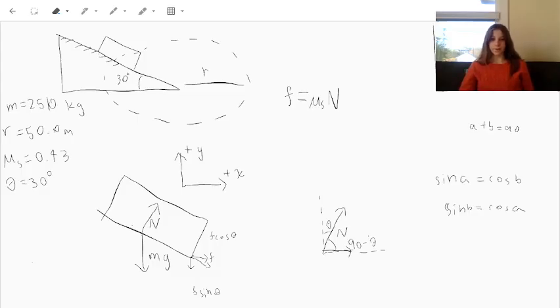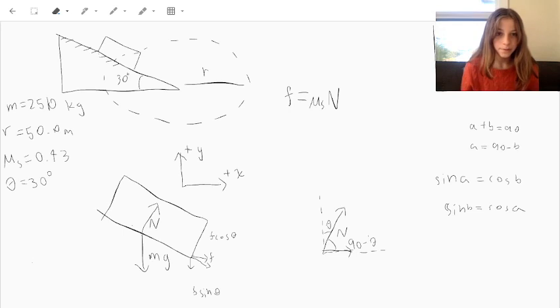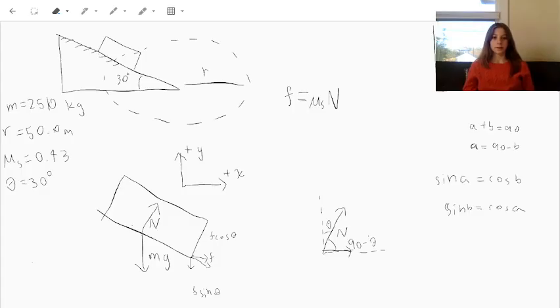But we know that cosine of 90 minus theta, because A is equal to 90 minus B, so sine of A is going to be equal to cosine of 90 minus A, the same form we have here. So instead of this being cosine of 90 minus theta, we're going to call it sine theta.